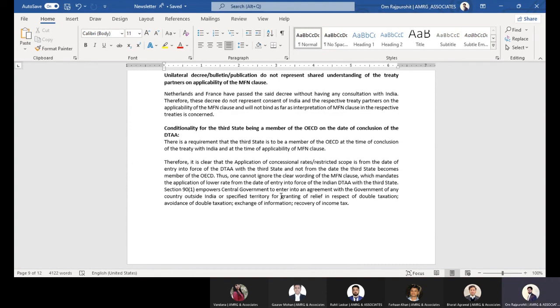So what we mean is that when India and Netherlands executed the treaty, at that particular time Slovakia, Colombia and Lithuania were not part of OECD. So this circular says that if any country wants to invoke the MFN clause, then the third country should also be part of OECD at that particular time, not afterwards.